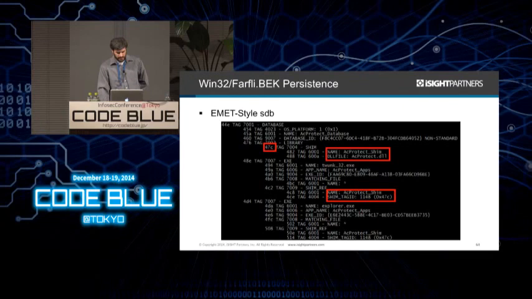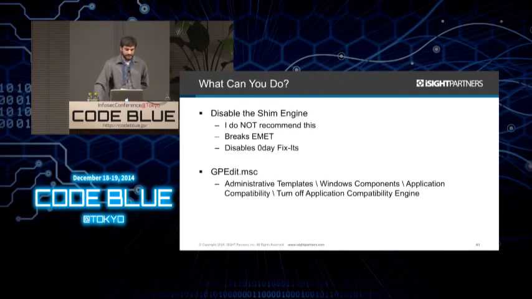So this all sounds bad. What should we do about it? It's possible to disable the shim engine. I don't recommend this though. It's going to break emit. And one note is that all the things we've talked about today are all through application compatibility.